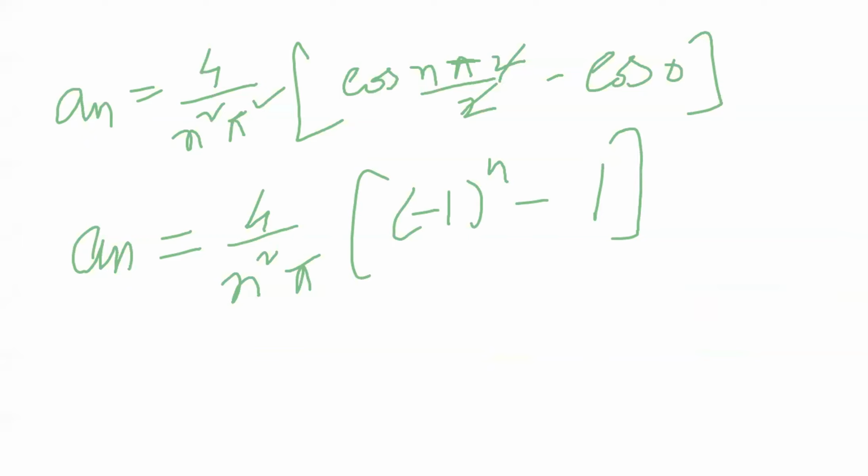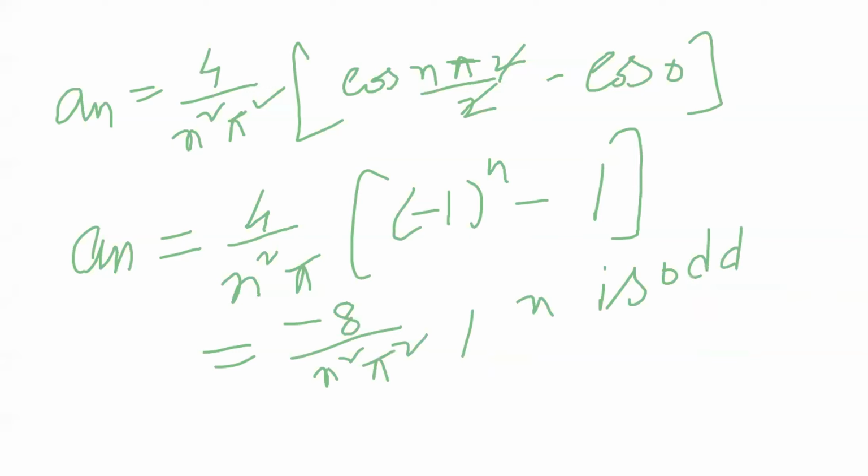Suppose taking n equal to odd, n equal to 3, minus 1 whole cube, that equal to minus 1, minus 2 into 4, minus 8 by n square pi square. It is n is odd. What about even? Suppose taking n equal to 2, minus 1 whole square, it is plus 1 minus 1, so it is 0. So only odd n value, minus 8 by n square pi square, replacing in the f of x.